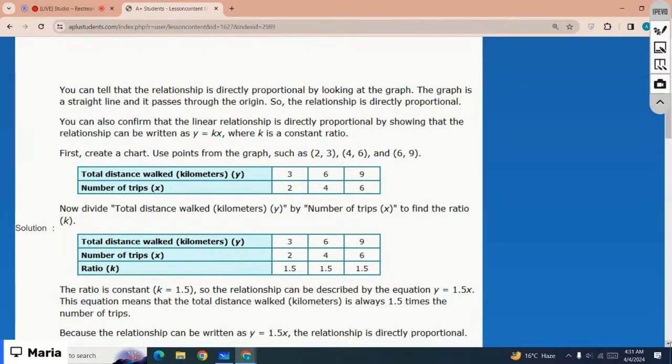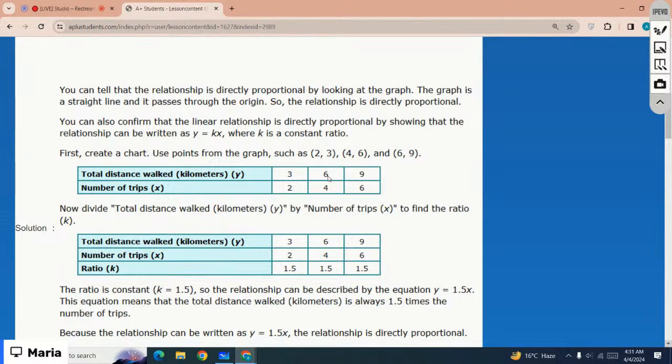You can also confirm the linear relationship is directly proportional by showing that the relationship can be written in the form y equals kx, right? You can just use the equation y equals kx and see if the relationship is directly proportional or not. You need to find basically the ratio. You can take these points from the graph. When the distance walked is 3, the number of trips is 2.